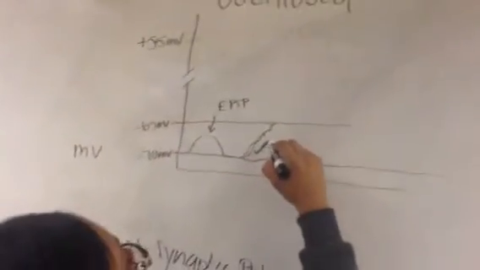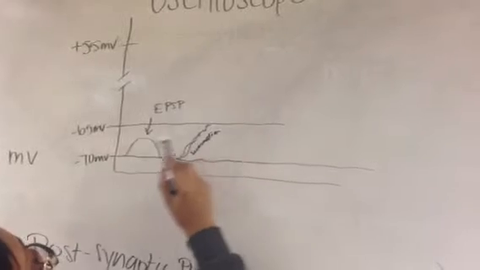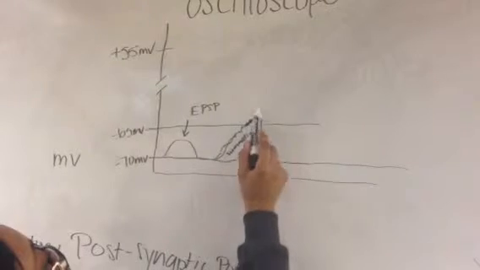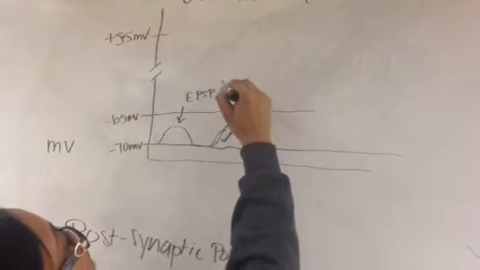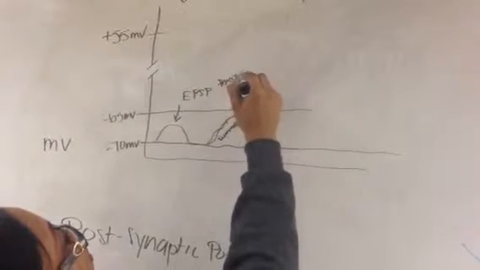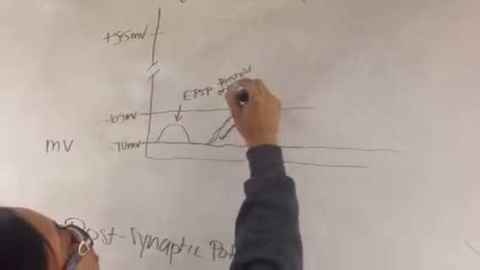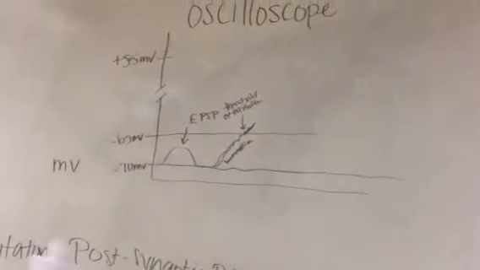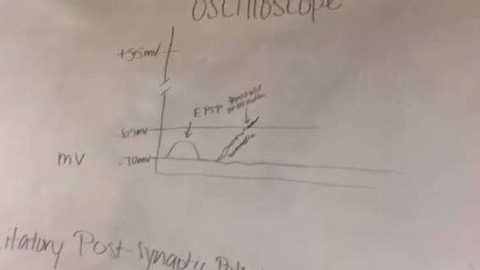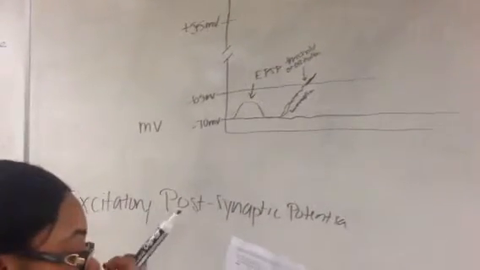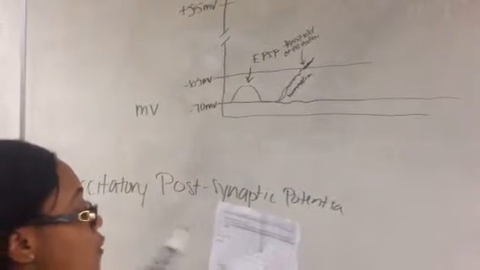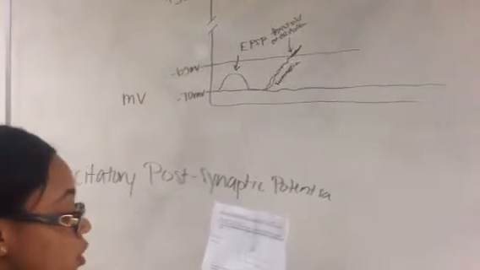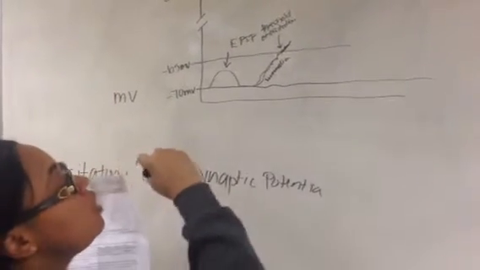This is summation. And once summation reaches -65 millivolts, this is where we reach the threshold of excitation. Once it reaches -65 millivolts, it's the necessary charge to open voltage-gated channels, and this initiates more sodium, which causes action potential to begin.